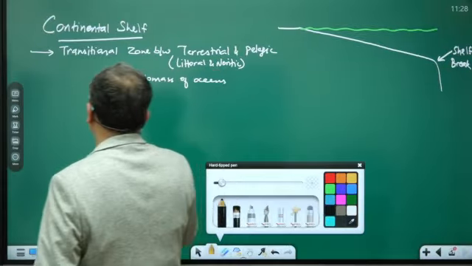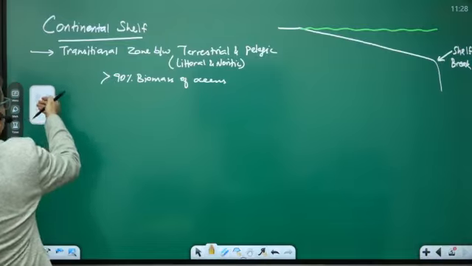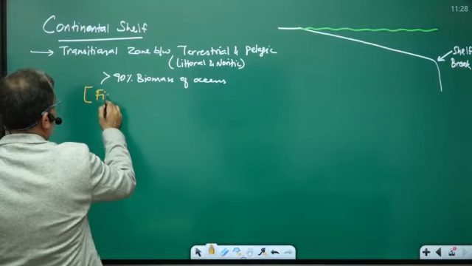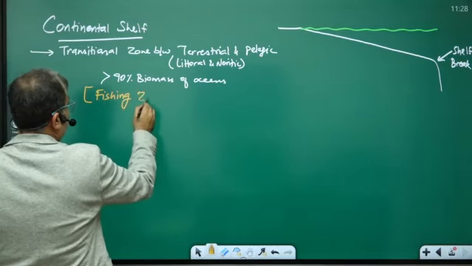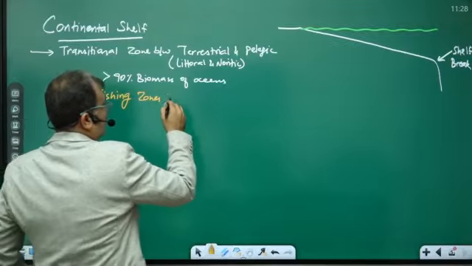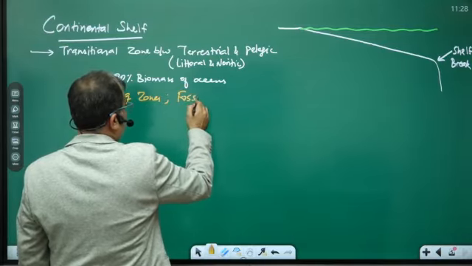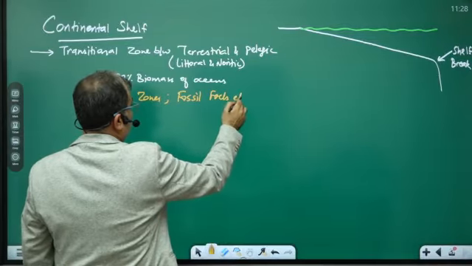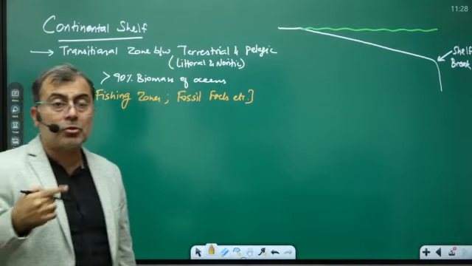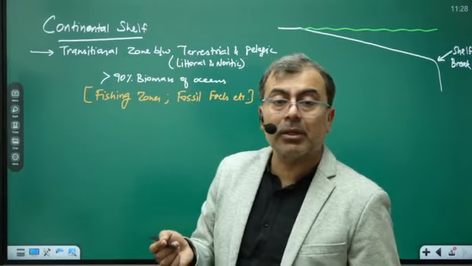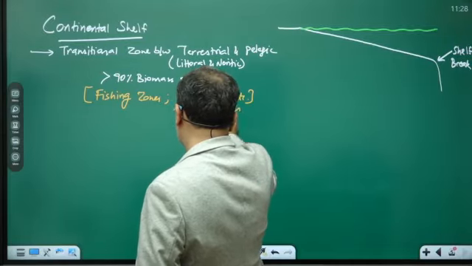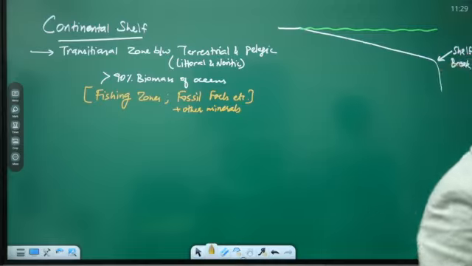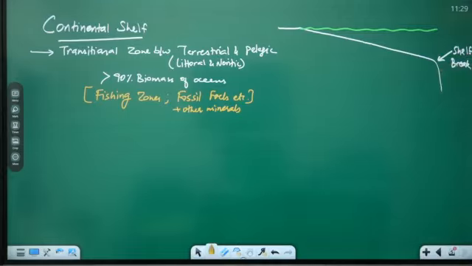So there is biomass, so can I say this is good for fishing belts or fishing zones? Yes. Can I also say fossil fuel? Possible. More fishing zones on this. They can be easy mineral wealth. Very, very important. So that is why a lot of fights will happen because of that.